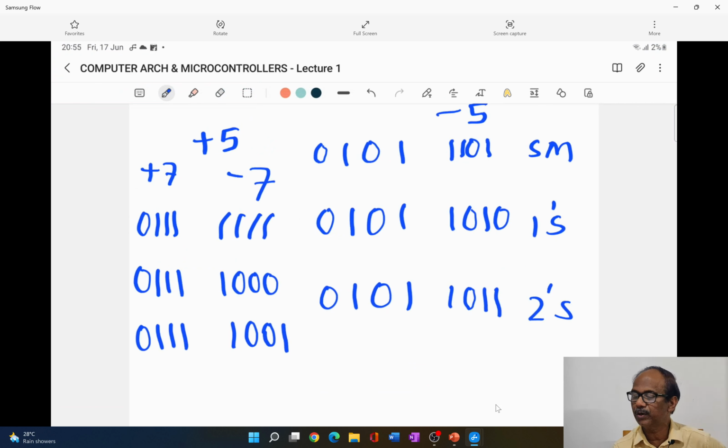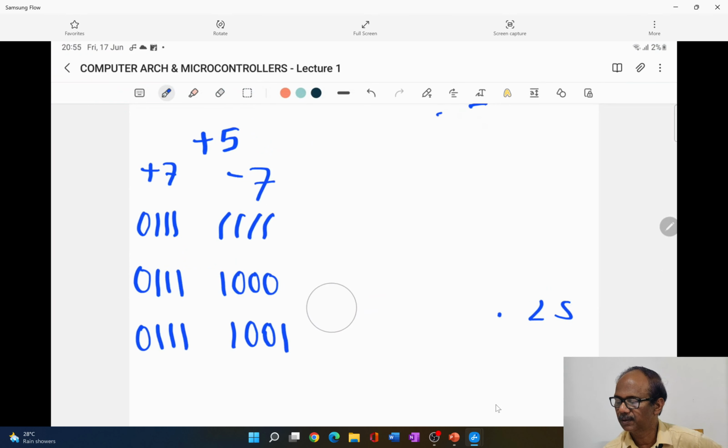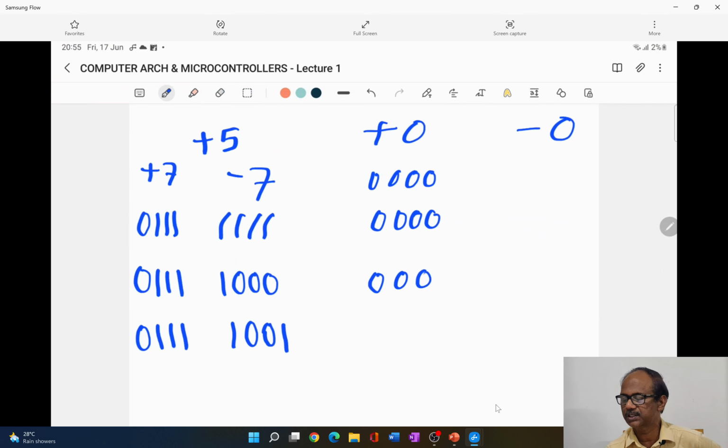We'll consider one more example. It's very important. So we are going to represent plus 0 and minus 0 in the 3 schemes in 4 bits. So plus 0 representation in 4 bits will be 0, 0, 0, 0 in sign magnitude scheme. 1's complement also 0, 0, 0, 0. 2's complement also 0, 0, 0, 0. That's clear.